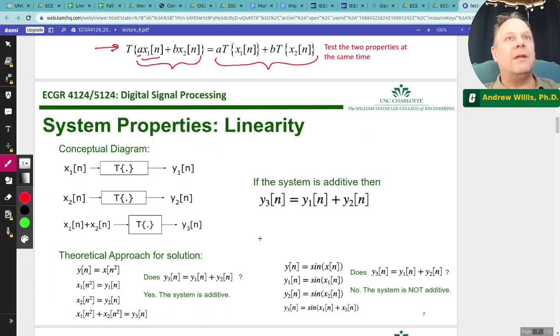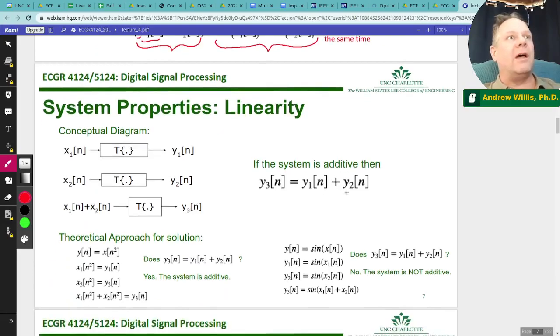So here's an actual example. Remember, this is the conceptual diagram. We do a thought experiment, and it involves generating 3 signals. The first signal is I put some signal x1 in, I get some signal y1 out.